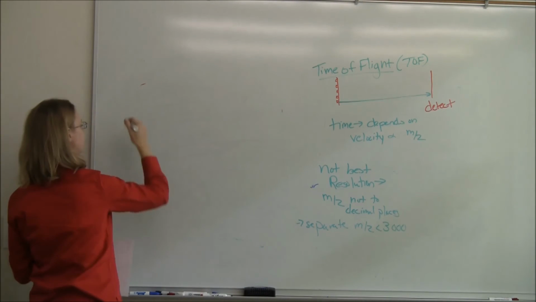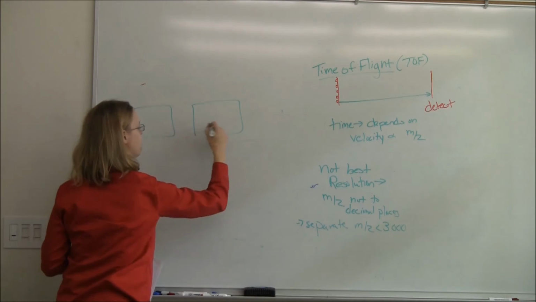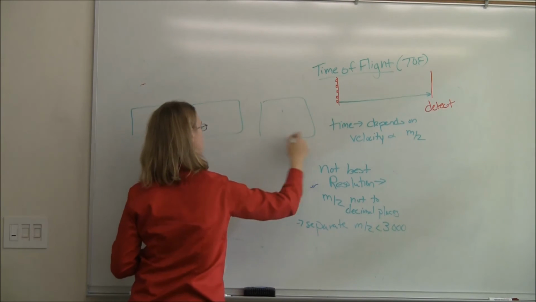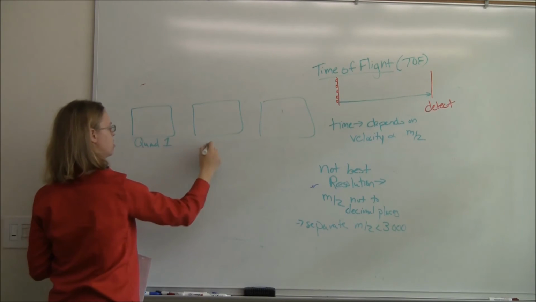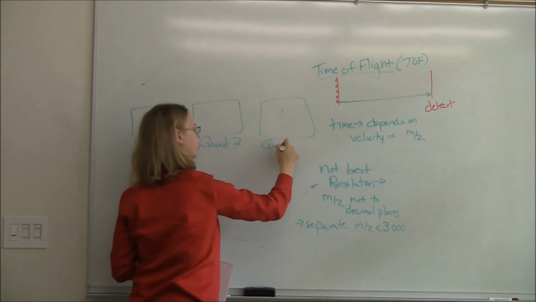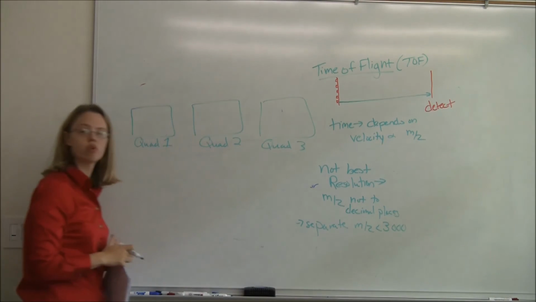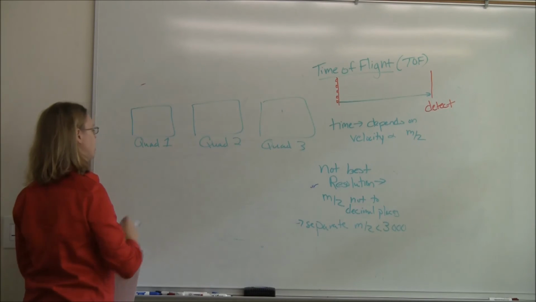So what they do with mass spectrometry is often this. Now, imagine I have 3 quadrupoles all in a row. So this is quadrupole 1, and this is quadrupole 2, and this is quadrupole 3. And I'm no longer drawing all four poles because I just can't figure out how to do that. I wasn't good at it the first time.